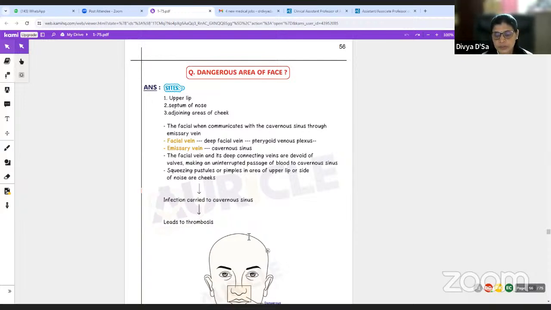So there is uninterrupted passage of blood to the cavernous sinus. So squeezing pustules or pimples in the area of the upper lip or the side of the nose and cheeks is dangerous. That is why this is the dangerous area of the nose as well as the face.